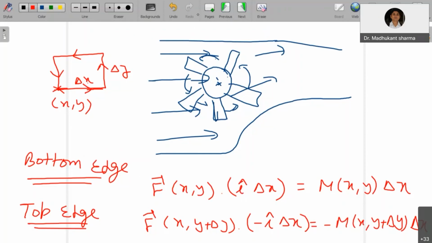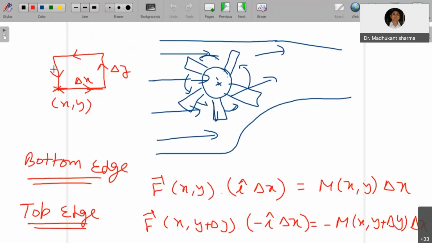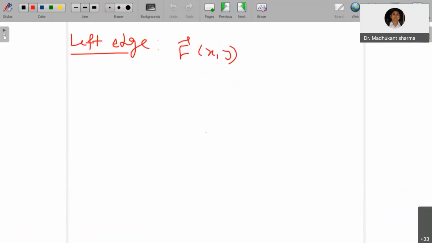Similarly, you can talk about the left edge and right edge. The rate of flow along the left edge is the velocity field at x comma y, in the negative direction of y, with length delta y, so minus j cap delta y. That is going to be minus N of x comma y delta y.